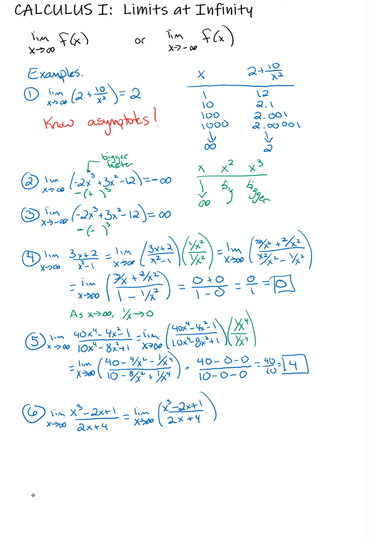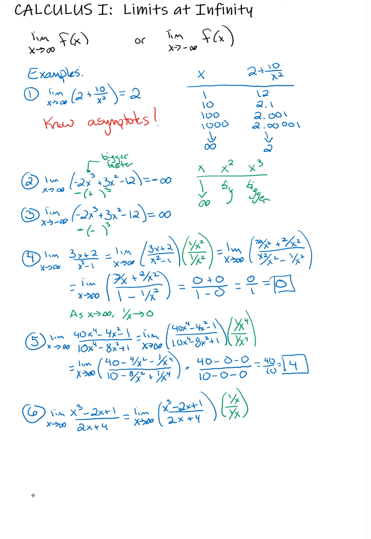And now I'm going to take a look at the highest degree term in the denominator. I'm going to look just at the variable. That's all I need to concern myself with. In this case, that's just an x. So I'm going to multiply by 1 over x in both the numerator and the denominator.